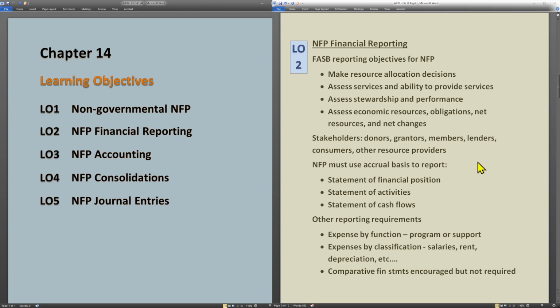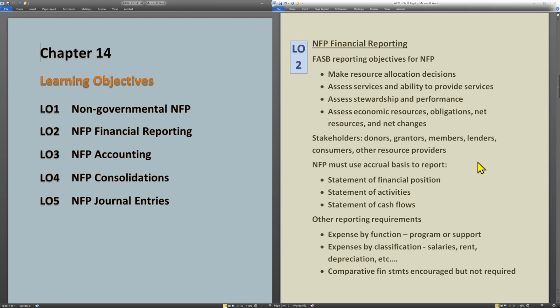We're going to look at both revenue and expenses as to whether they are being used for the program. And when we say program, we mean what is the mission? What is the purpose of the not-for-profit? Is it a children's hospital or whatever it is? A certain amount of the donation is spent directly on providing the services that you have stated for your mission or as the purpose of your not-for-profit.